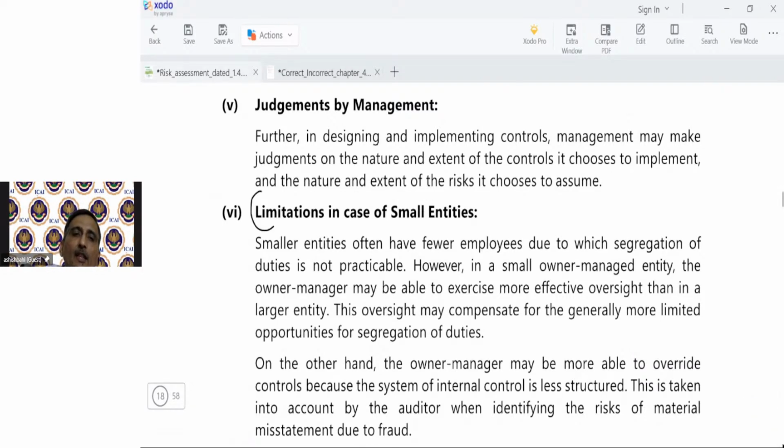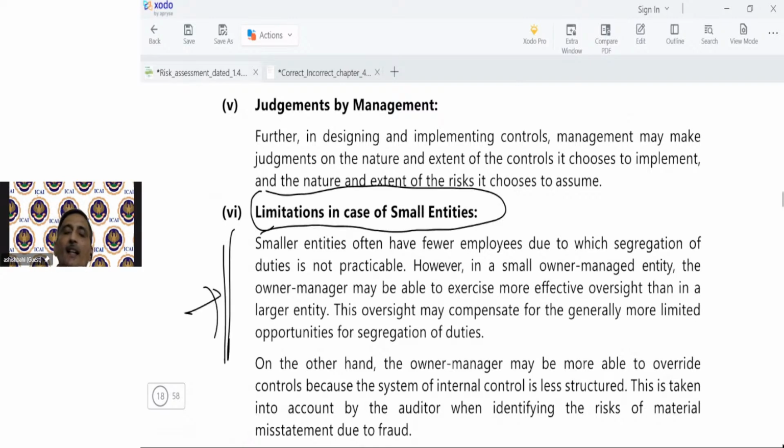Now this is also important. Say students, in smaller companies, in smaller entities, it might so happen that control systems are not that formal.